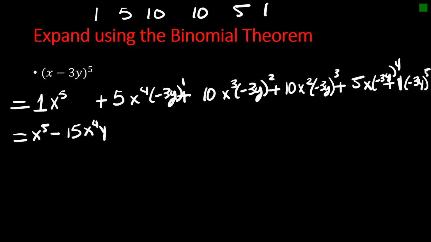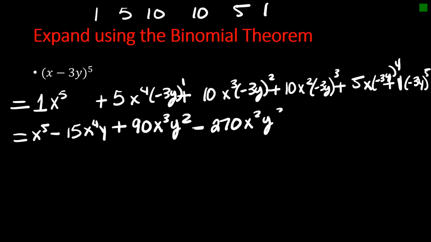Now negative 3 squared, that's a positive number, so this term is going to be positive. 3 squared is 9. 9 times 10 is 90. We have x cubed, y squared. Negative 3 to the 3rd is going to make this term negative. We have 27 times 10, which is 270, x squared, y cubed. Negative 3 to the 4th is going to be a positive.